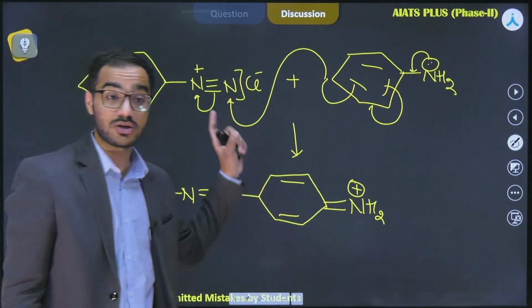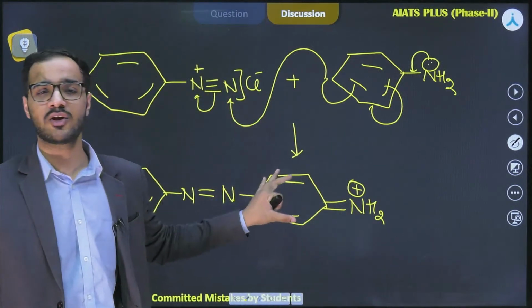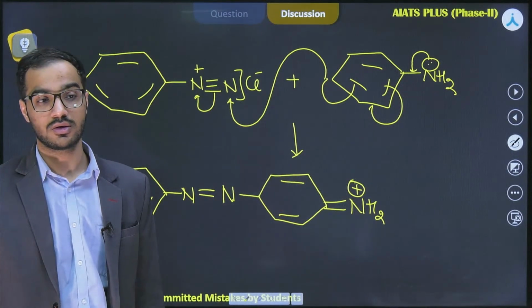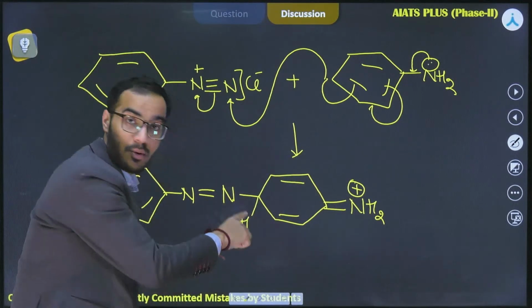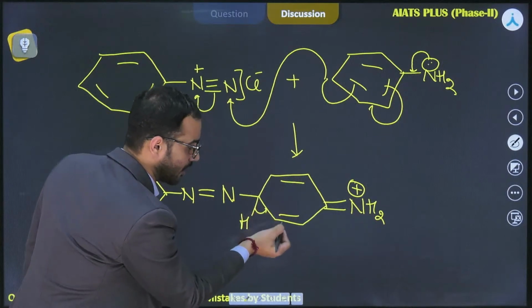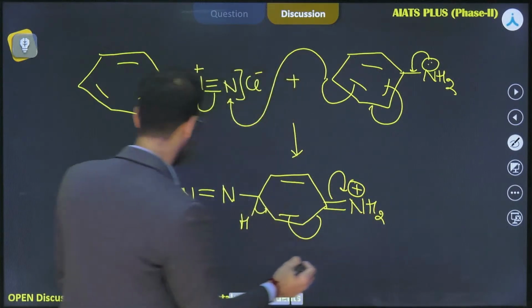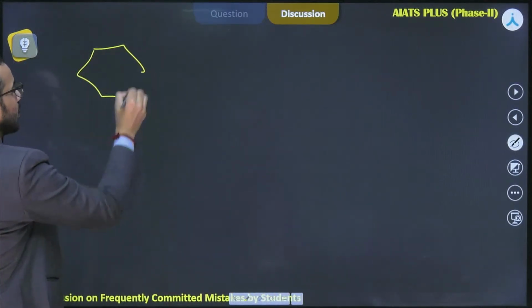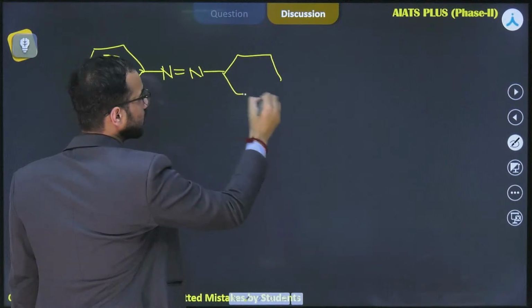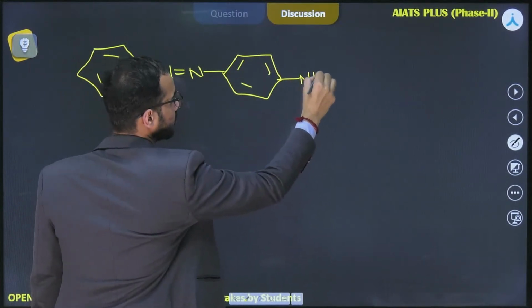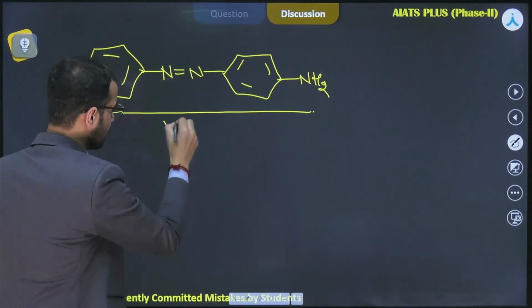We can clearly say that the aromaticity of the compound is again lost. So in order to attain it back, the hydrogen from that position will migrate, and now you will have a product like this. And the color of this compound, or we can say the color of this dye, is yellow.